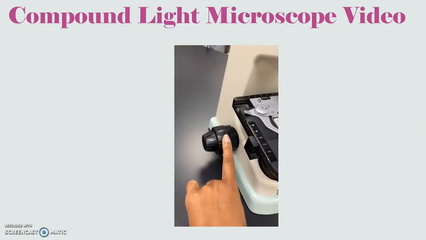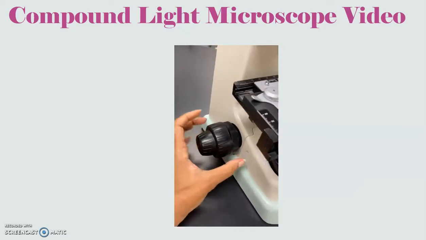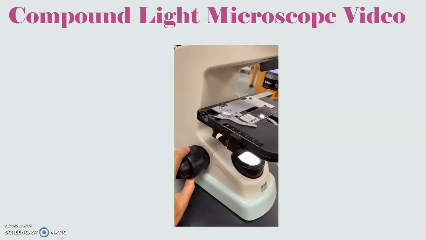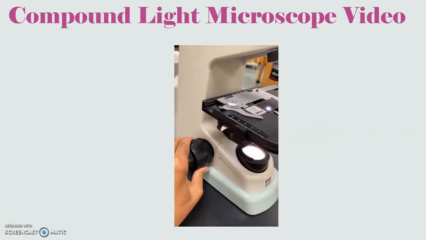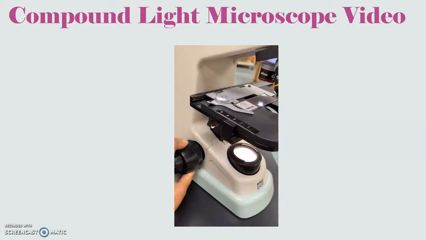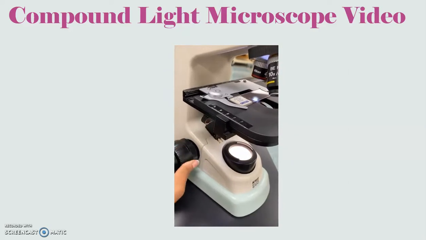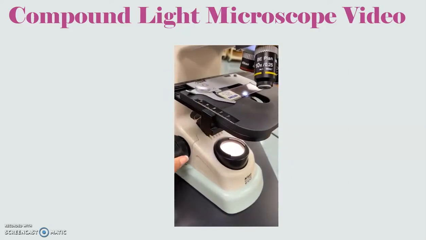Now here we have 2 structures, 2 knobs, okay? So you have a large knob and a small knob, okay? So let's take a look at when we rotate, we're looking at our stage and using our large knob. This large knob is called the coarse adjuster knob. And you can see that it's moving my specimen, the slide, closer. You can rotate it back and forth, and it's going to move the stage up and down, okay, bringing the specimen into focus.